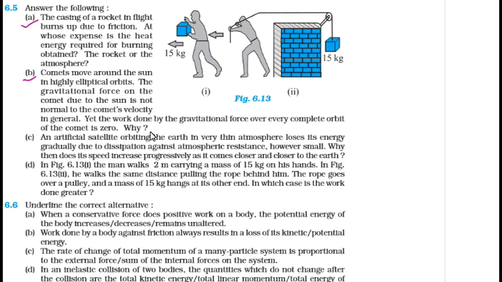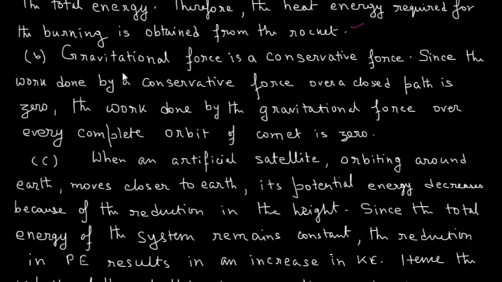Let us see the solution. Gravitational force is a conservative force. Since work done by a conservative force over a closed path is zero, work done by the gravitational force over every complete orbit of a comet is zero. Let us see the next question.